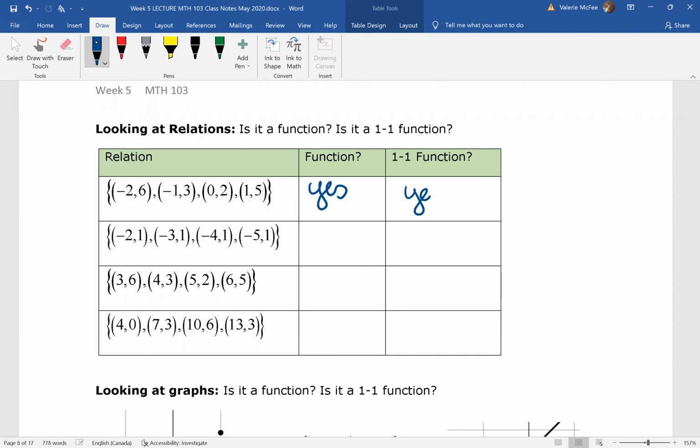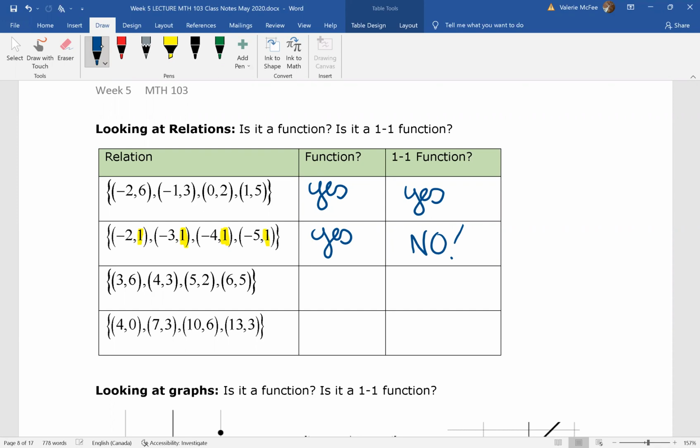Yes, Y also does not repeat. What about the next one? Yes, it's a function. Is it a one-to-one function? No. All of these different x values have the same y value. It is not one-to-one.